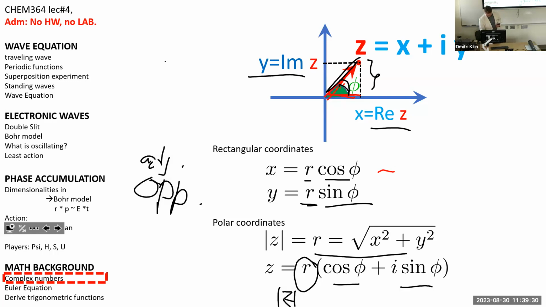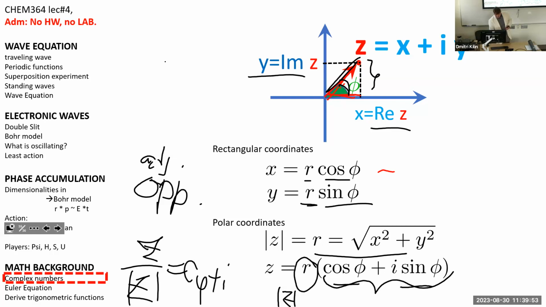But this part is some sort of dimensionless, right? It doesn't matter what is the length of the vector, we can speak only about the angle. So if we divide the complex number by its hypotenuse, its length, then it will be cosine phi plus i sine phi.